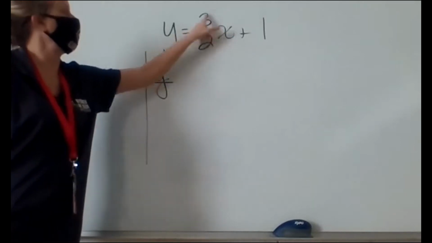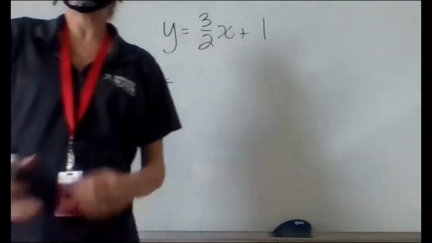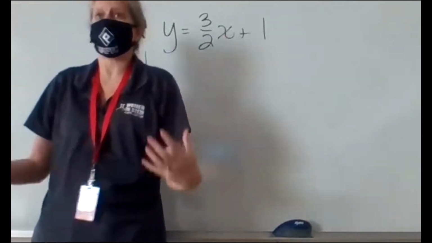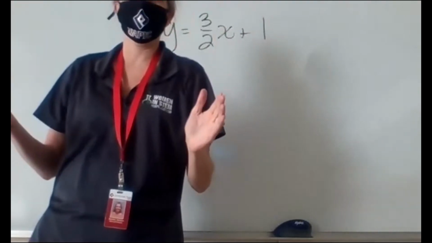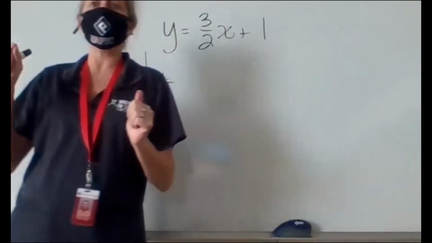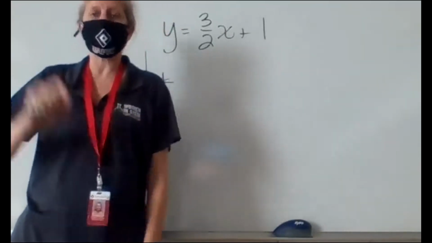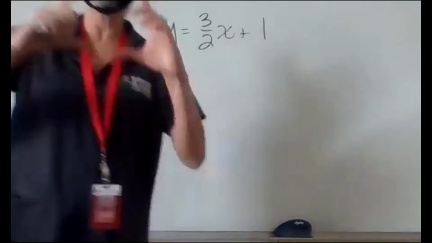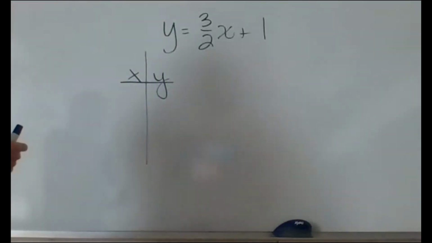If you have a fraction hooked onto your x, you want to avoid having fractions in the points you create. Nobody wants to plot points at 3/2 or 7/2. We want good whole numbers, which are easier to plot on the graph.